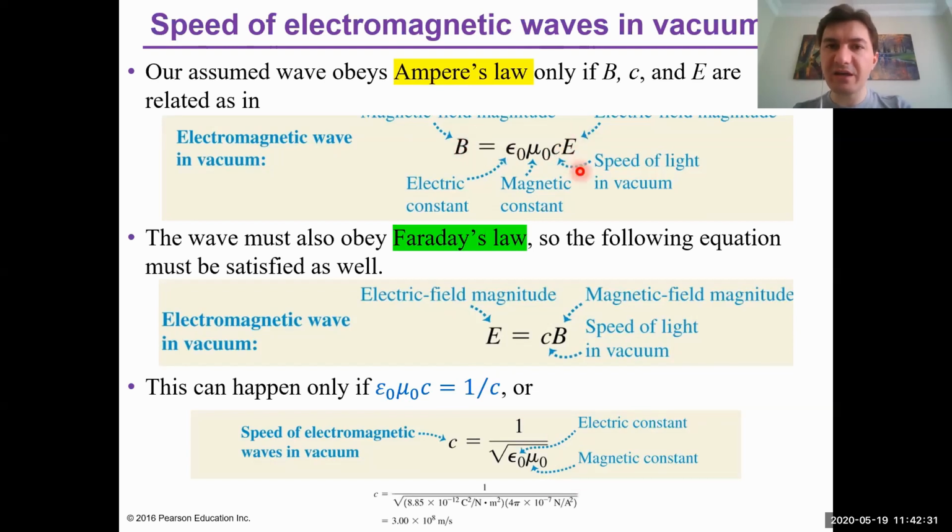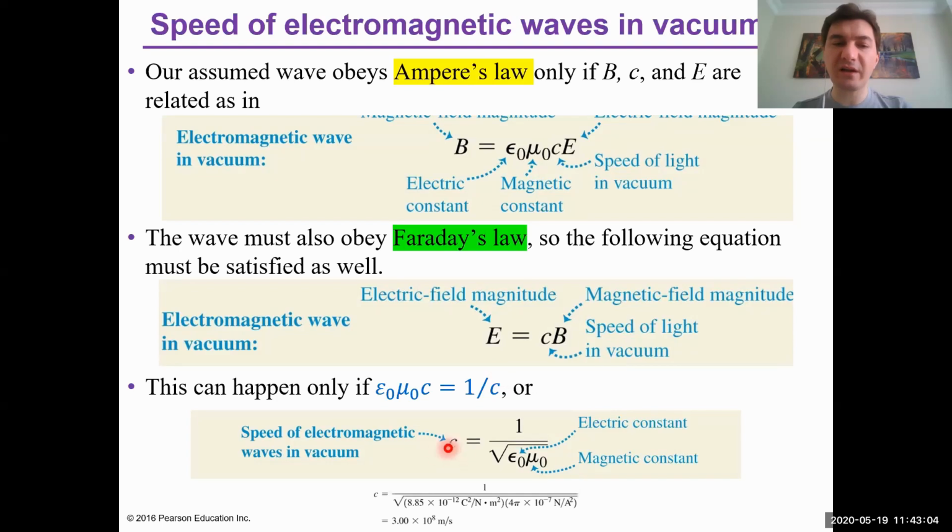If you take C within that equation alone, 1 over epsilon 0 mu 0 times C will be equal to C, or epsilon 0 mu 0 times C will be equal to 1 over C if these two equations are equal to each other. Okay, then from that expression we can take C.